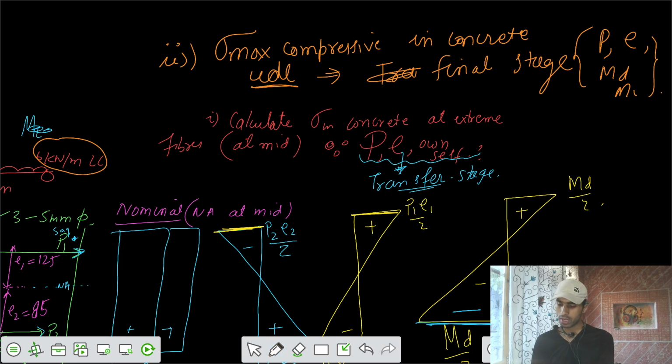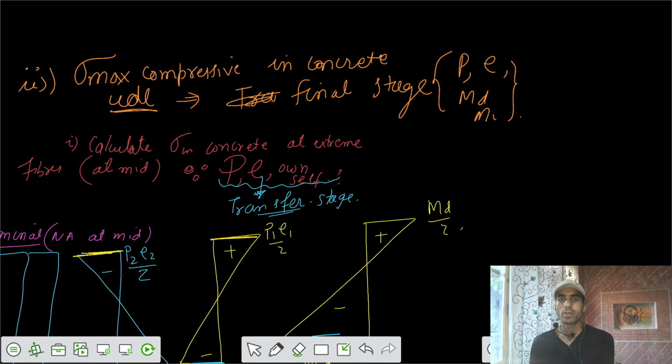If there is mention of losses, we have to take the losses also. If there's no mention of losses, we don't have to take the losses. I think there's no mention of losses. So I don't have to say this is the final stage.